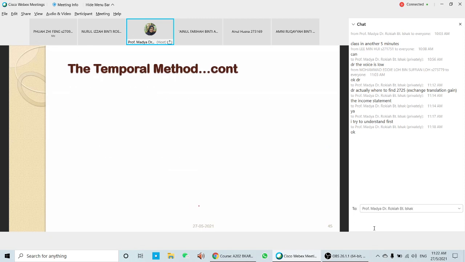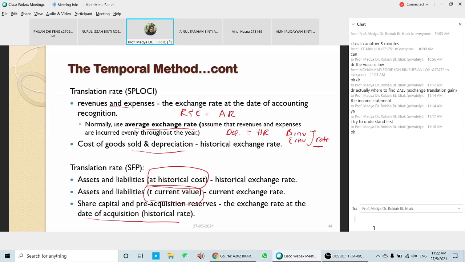Okay, so the temporal method here is a little bit difficult, but most of the time, what you need to know here is up to slide 1 until slide 44. I'm not going to proceed with an example of the temporal method because most of the time we are using the closing rate method. Why?